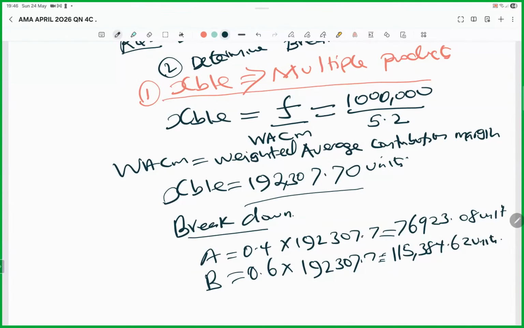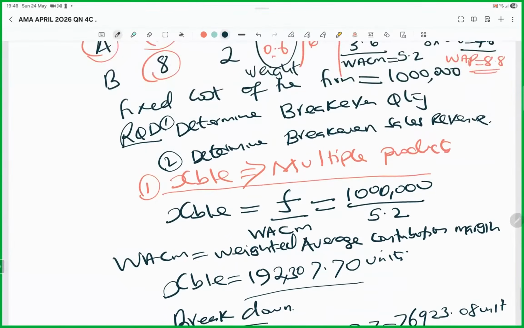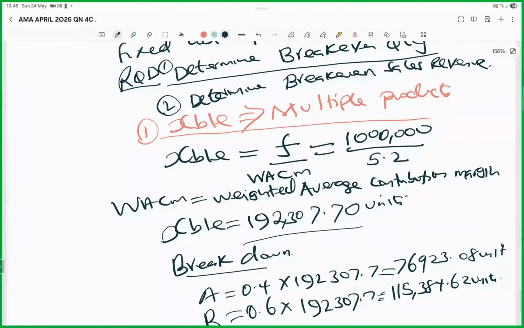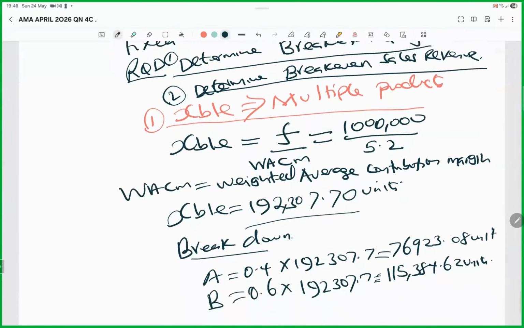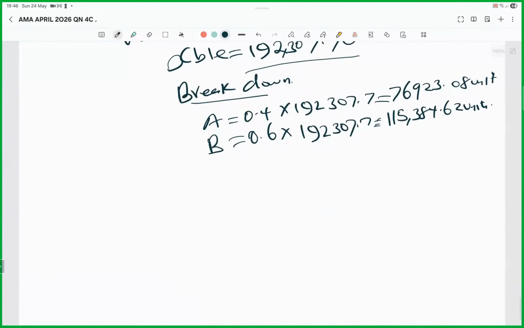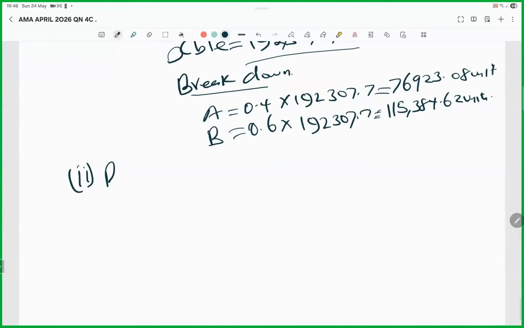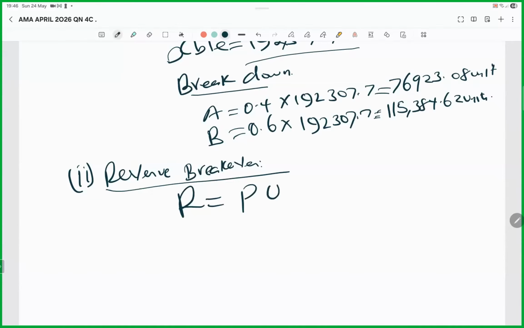Thank you so much. So I've been able to answer number one, where they wanted us to give them the break-even quantity. That we have done. And then number two, now they want me to convert this to break-even sales revenue. So long as I have units, to convert this to revenue is really easy. So Roman 2, they want me to get break-even revenue. To get this, we know that revenue equals PQ.